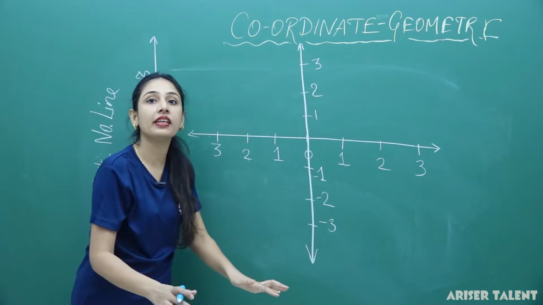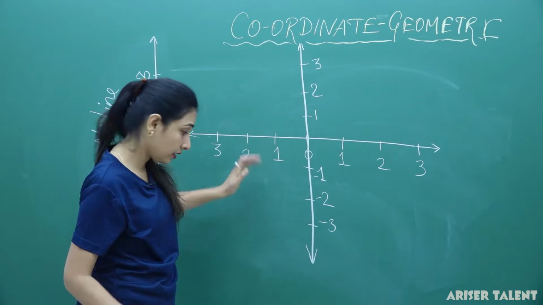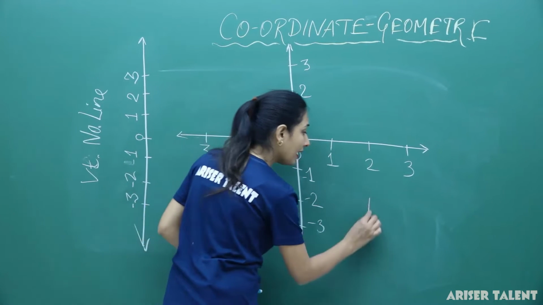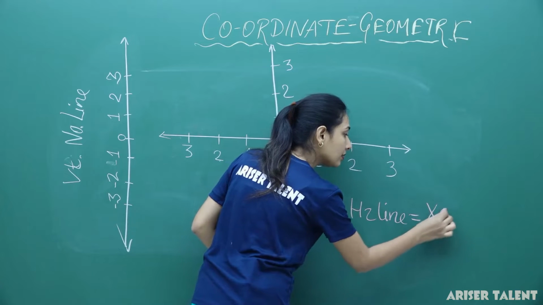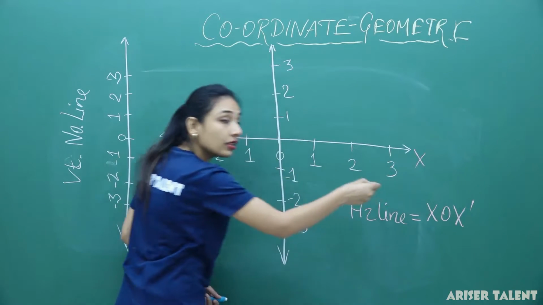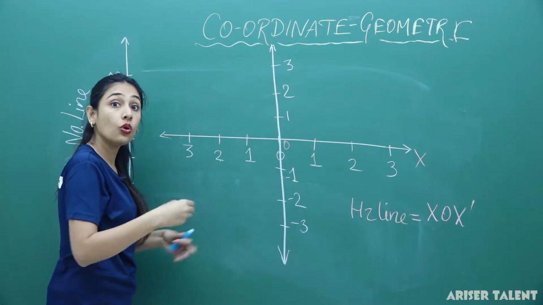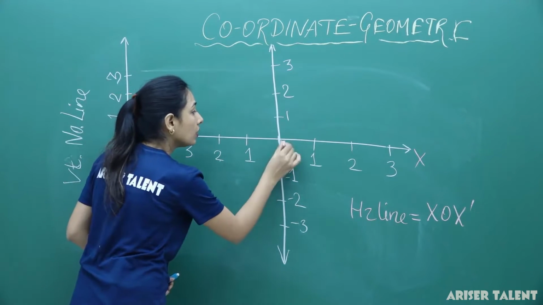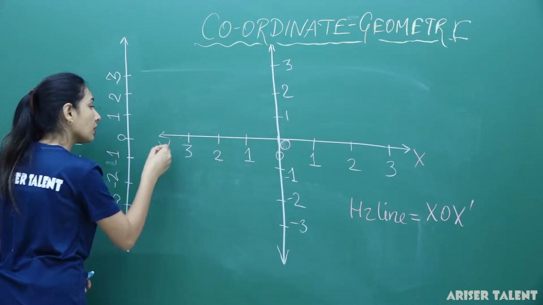Now, understand it very clearly. Be very clear, the horizontal line I am naming as XOX dash. X from positive O. This is not 0, this is O. And that's X dash.